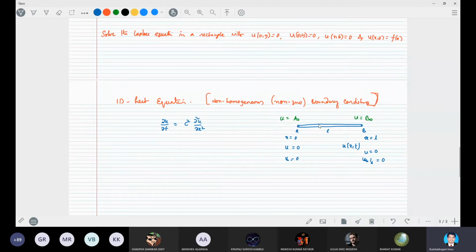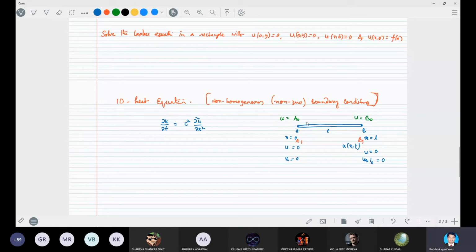Once the body gets to equilibrium, the steady state is reached, so we stop these temperatures and maintain these ends at new temperatures, say A1 and B1, assume.